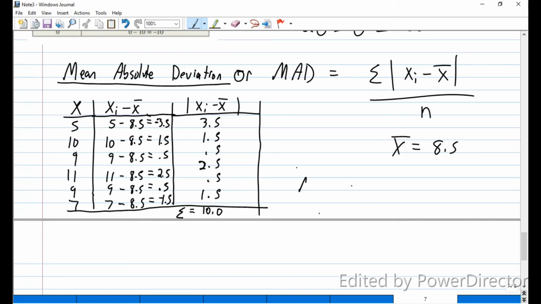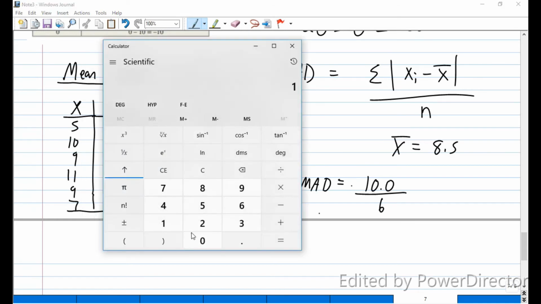So our mean absolute deviation is 10.0 divided by the total number of data items. How many data items do we have? 6. So that's going to be 10 divided by 6. I'm going to round one more place than the data items have.